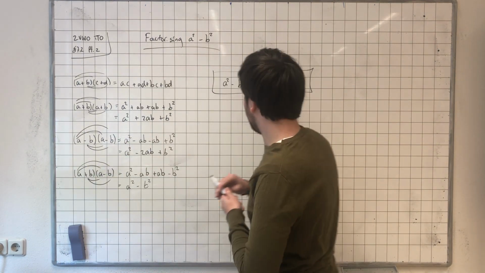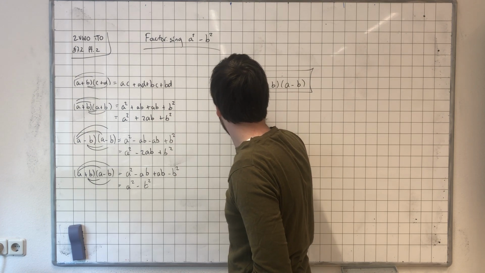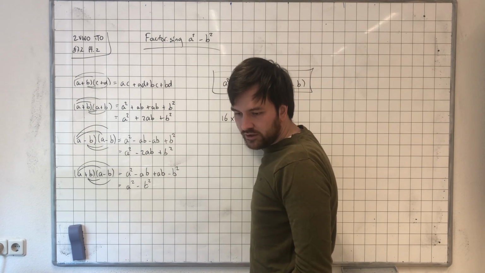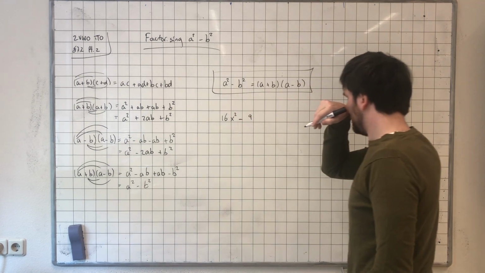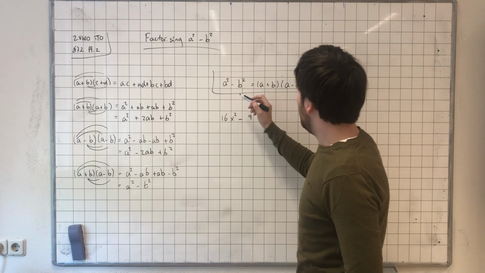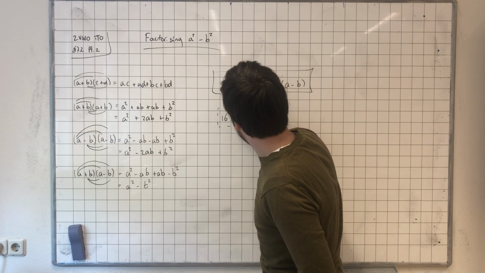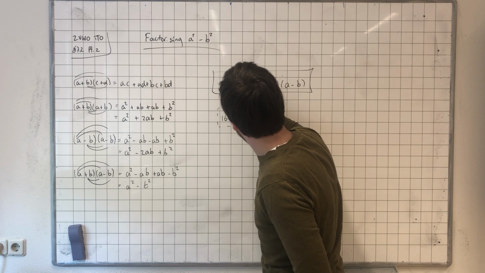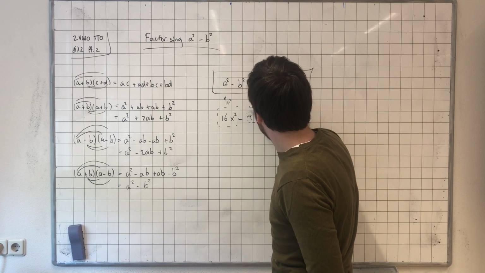So an example, if I have 16x squared minus 9. Start off somewhat easy. And this part over here is that A squared. And the 9 is your B squared.